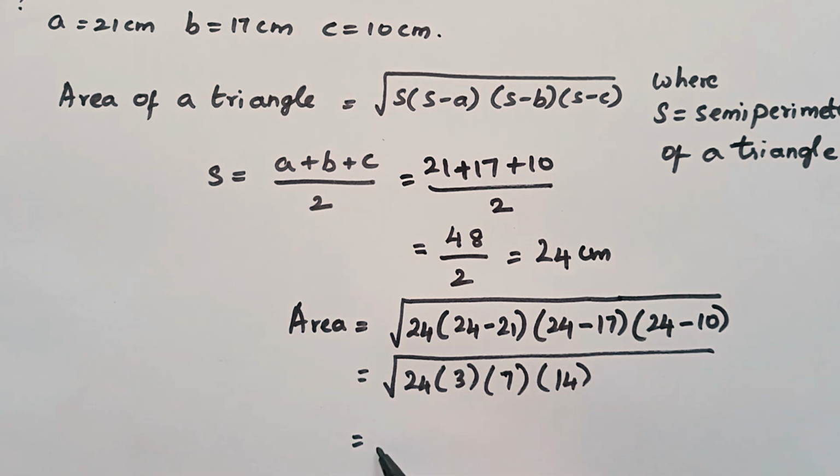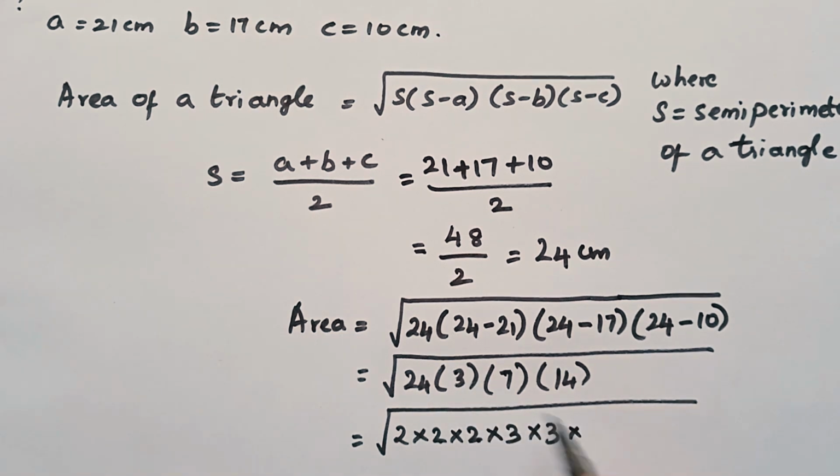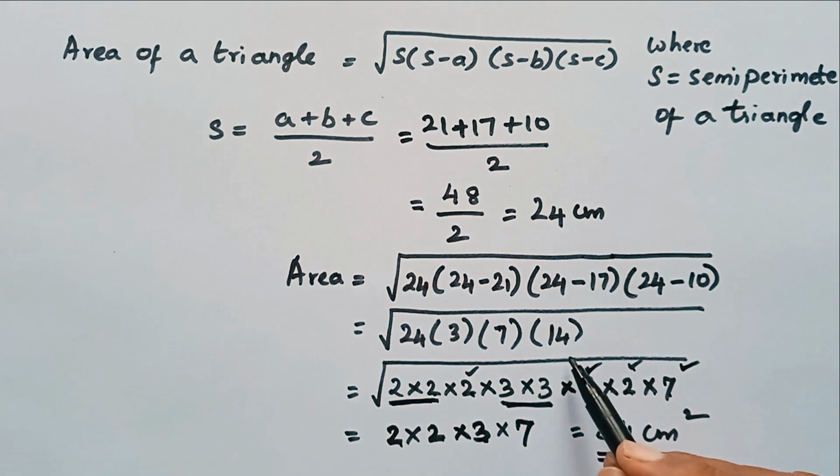So a simple way is to split this into factors. 24, I am splitting the factor as 2 into 2 into 2 into 3. 2 2s are 4, 4 2s are 8, 8 into 3 is 24. Again write this 3 here because it is a prime factor. Again 7. For 14, 2 into 7.